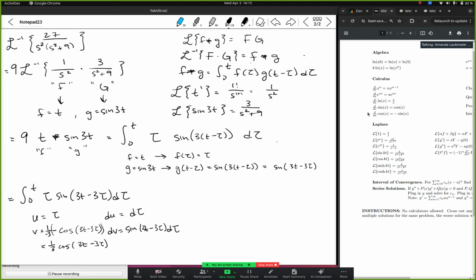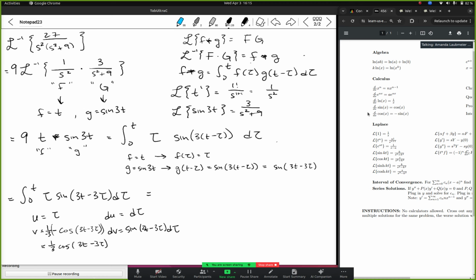And I'm going to check that by taking a derivative. The derivative of cosine throws a negative, one-third swaps to sine 3t minus 3 tau, and then I multiply out front by my minus 3, which cancels those out. So it looks like I did that integration properly. We'll go back there as a first guess if something goes wrong with WebWork.